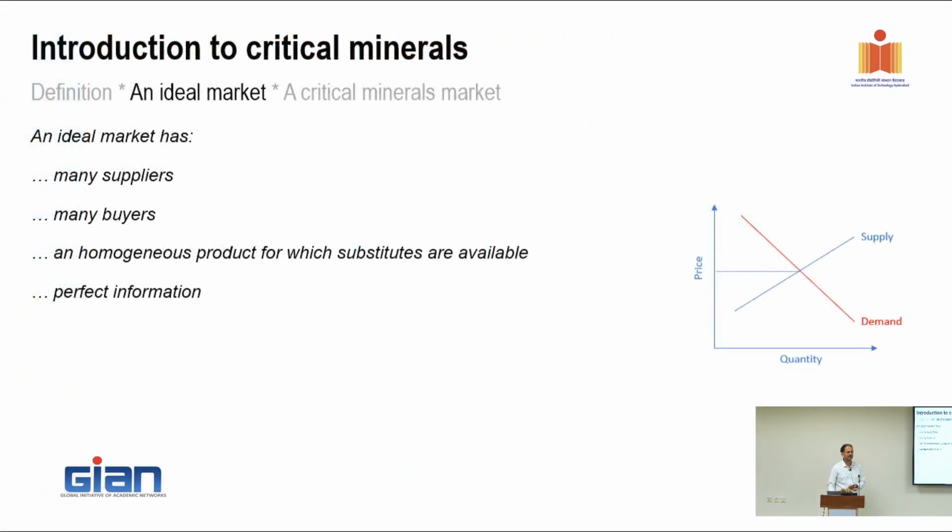So you're very much price elastic. Yes, that's right, price elastic. An ideal market has many suppliers, many buyers, a homogeneous product for which substitutes are available, and perfect information, and none of them, as we have seen, are available.